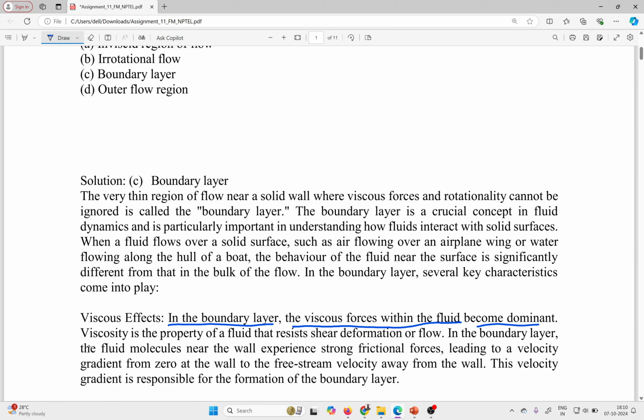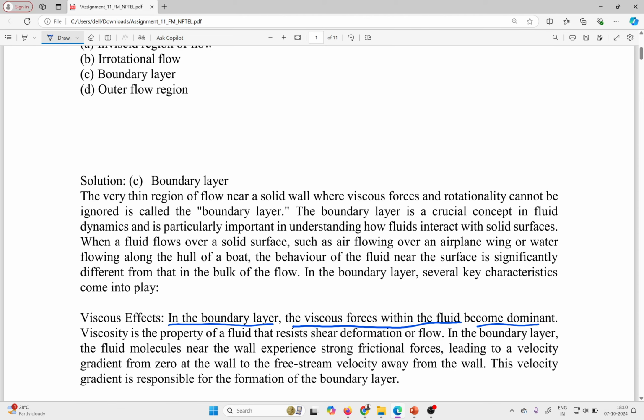In the boundary layer, the fluid molecules near the wall experience a strong frictional force, leading to a velocity gradient from 0 at the wall to the free stream velocity away from the wall. And this velocity gradient is responsible for the deformation of the boundary layer.